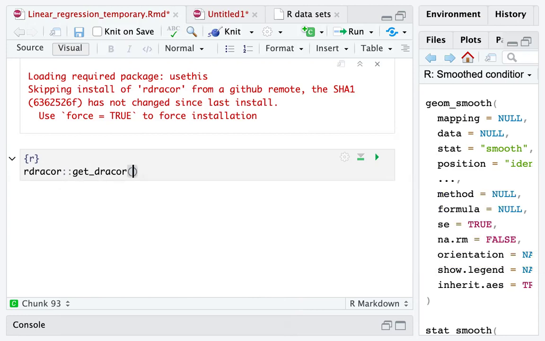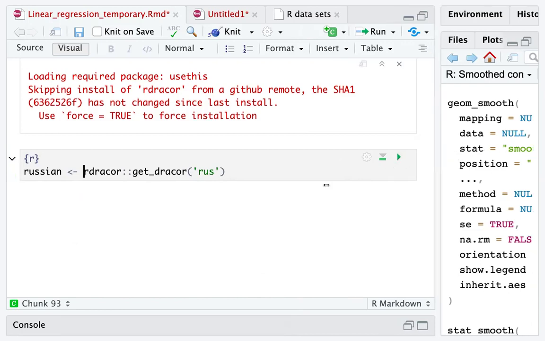So we take this Russian corpora and we save it into Russian. And now we can look at some data. It's huge, so it requires a little bit of time to download. And let's look at what this data has.